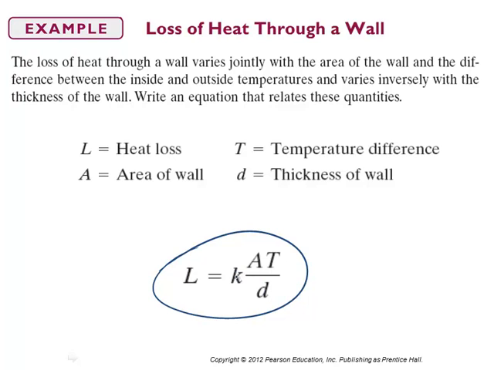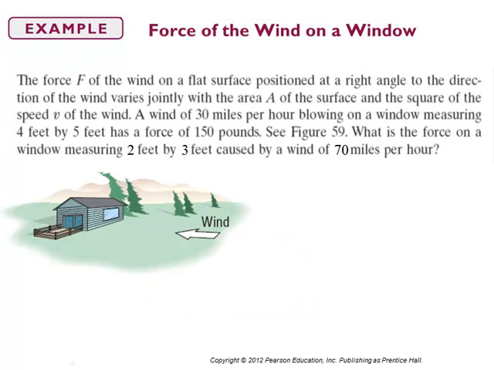And of course, you have a constant out front here. And you would normally in the problem be given enough information that says that the loss is equal to so much when the area is a certain amount and the T is a certain amount and the D is a certain amount. Enough information for you to solve for K, and then you could solve some problem.